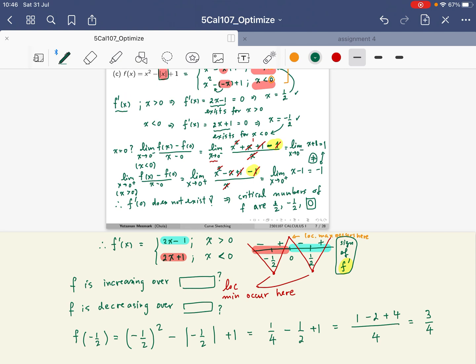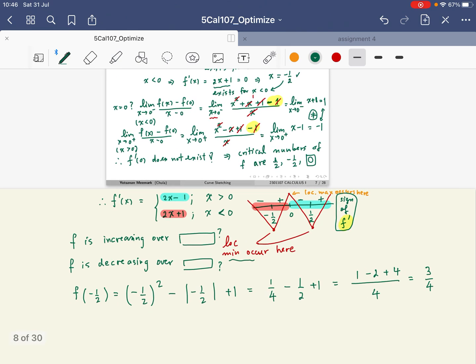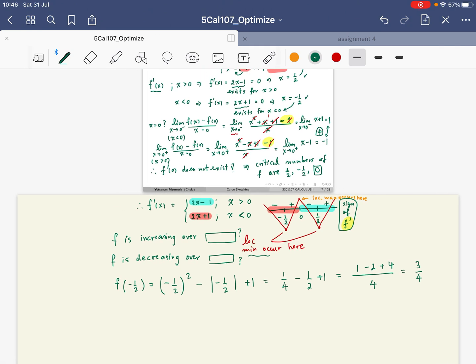So a local minimum occurs at the point x equals negative 1/2, and this is a local minimum value.